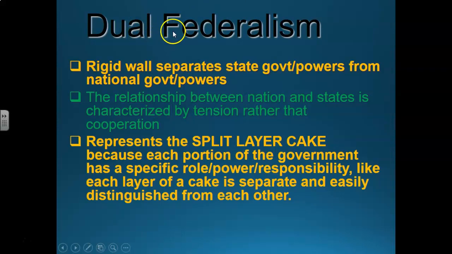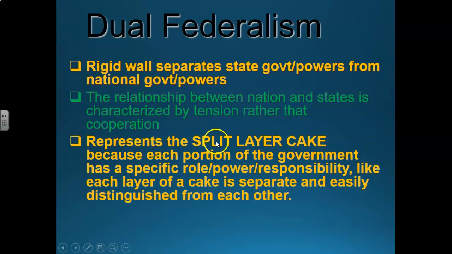With dual federalism, otherwise known as the split layer cake, there are rigid walls of separation between what the states do and what the federal government does. The states do A, B, and C, the national government does X, Y, and Z, and there is very little overlap.